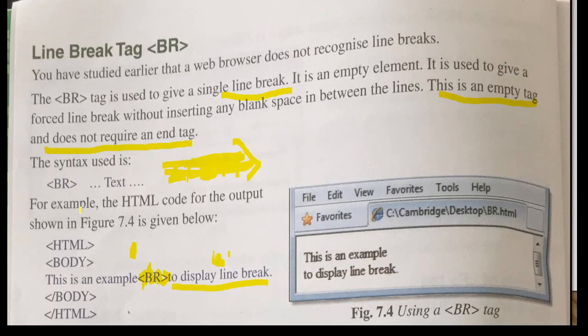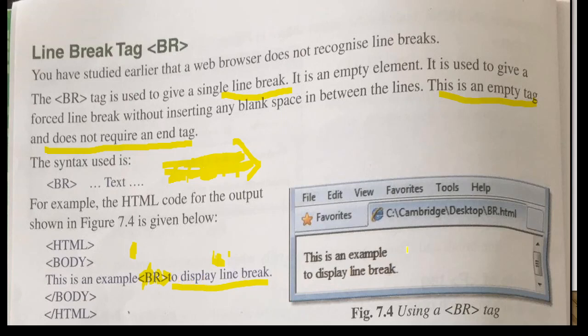For example, the HTML code for the output shown in this figure. As you can see here, in the body of your web page, you write a text, this is an example, and then you put a break tag here, and then you write a text to display the line break.